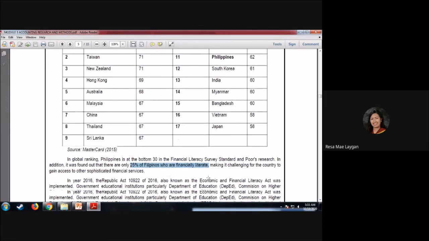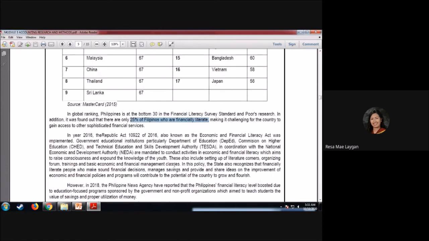There is an impact of this, especially in gaining access to financial services or in making financial decisions. In 2016, government educational institutions, particularly DepEd, CHED, and TESDA, with coordination by the NEDA, were mandated to conduct activities in economic and financial literacy.